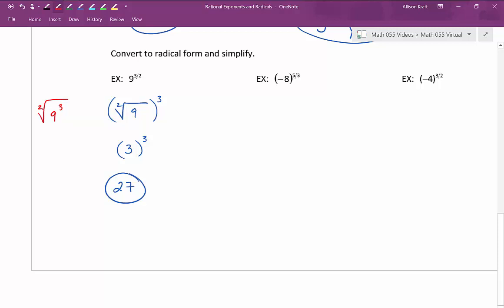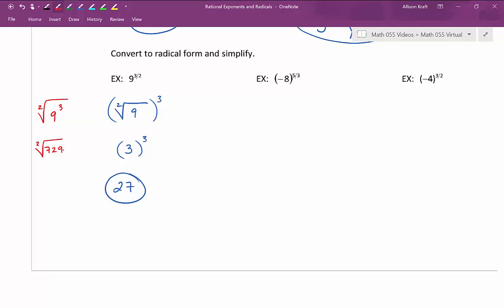Well, first off, then we need to know what 9 to the 3rd is. 729. And then what's the square root of 729? I don't know about you, but I don't know that offhand. I hardly knew 9 to the 3rd offhand.